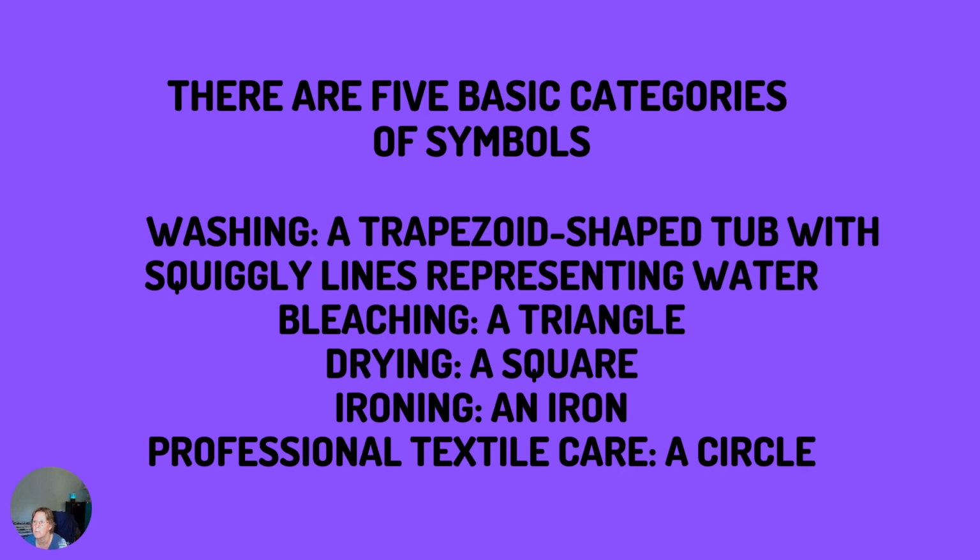There's additional helpful care information accompanying each symbol also that's included on the skein. For instance, inside the washing symbol, there might be a suggested water temperature or hand dipping in the tub to indicate hand washing. Or a big X on the symbol indicates do not do whatever that symbol indicates. We'll look at those particular pictures on the next slide.